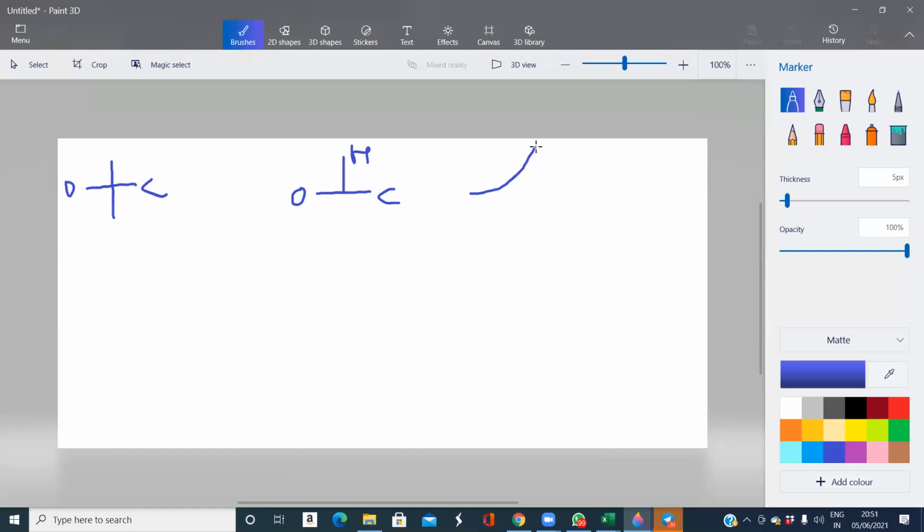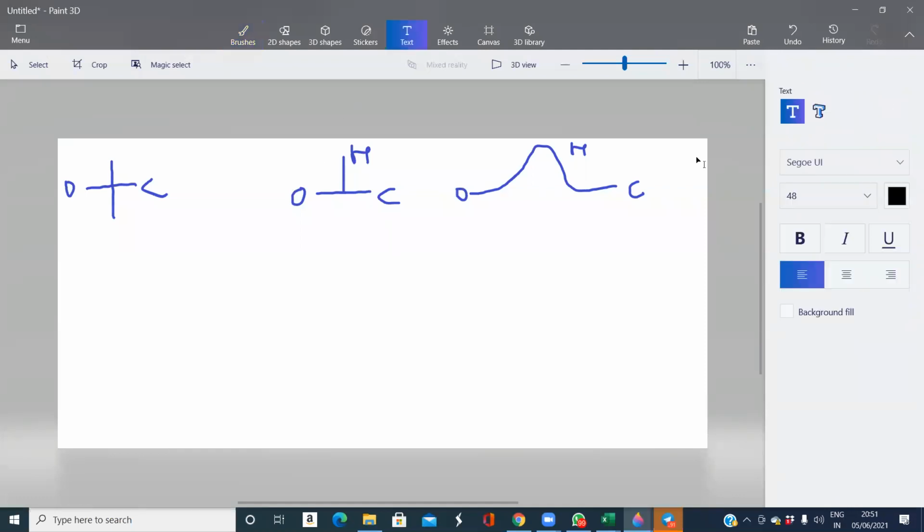Then the bears will come and push the stock down, and the stock will close here. So this is the opening price, the high price, and this is the close price. If we plot the candle, it will come like this. This one is called a gravestone doji.